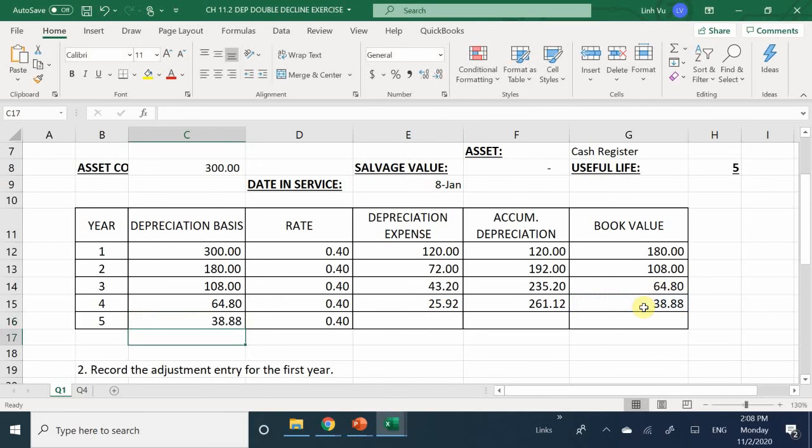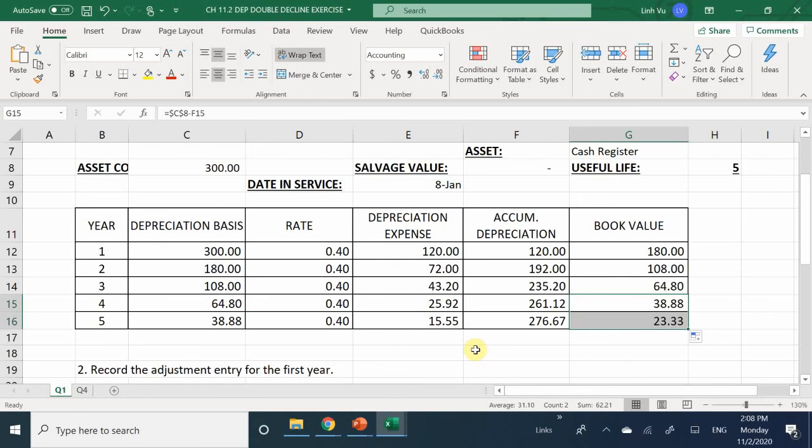What is 40% of 38.88? $15.55, bringing my accumulated depreciation to be $276.67. Good. And then lastly, what is my total book value going to be? $23.33.